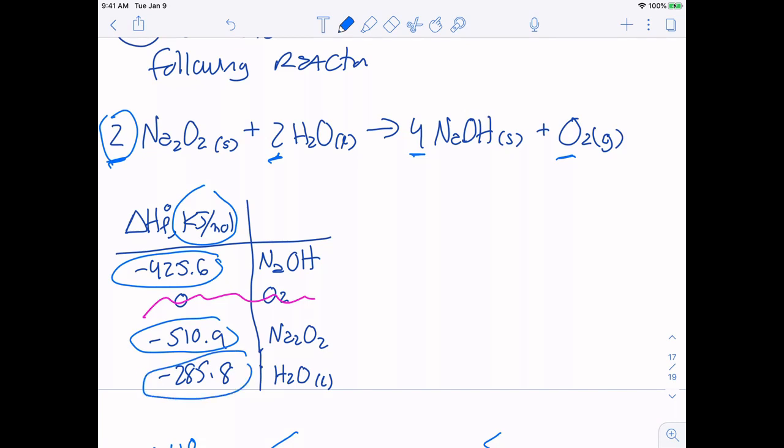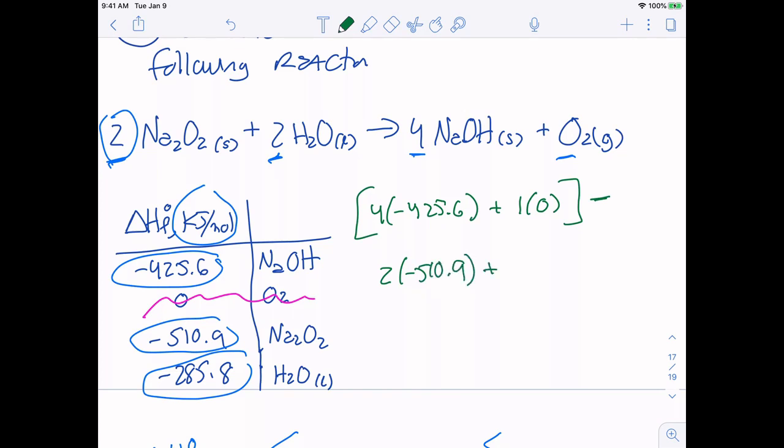And let's just do the work right here. I'll do it in 2 lines. So products first, I have 4 sodium hydroxide, so 4 times a negative 425.6. And then to that, I'm going to add, because I want the sum, I have 1 mole of oxygen and then multiplied by its value. And then that all goes in brackets. And then from that, I'm going to subtract. I'm going to do my reactants. So I have 2 sodium peroxide, so multiplied by its number.